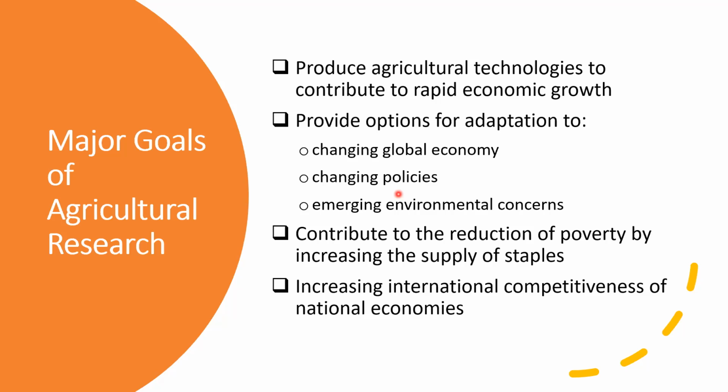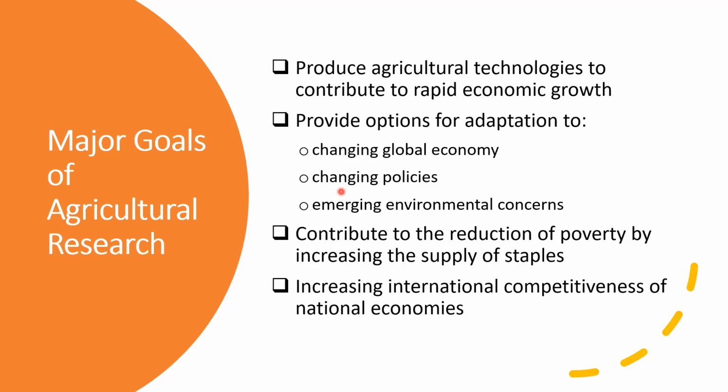So when we are going to research, we must think about what the actual policies are. You are working on GMOs, developing and promoting genetically modified crops, and then the policy comes that you are not allowed to grow a single GMO crop in your country.